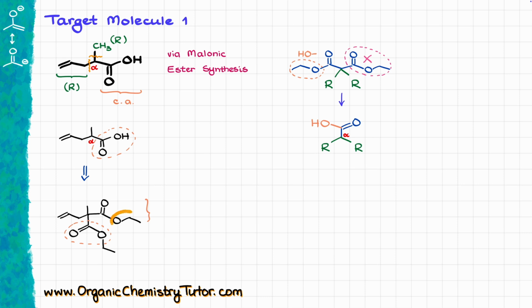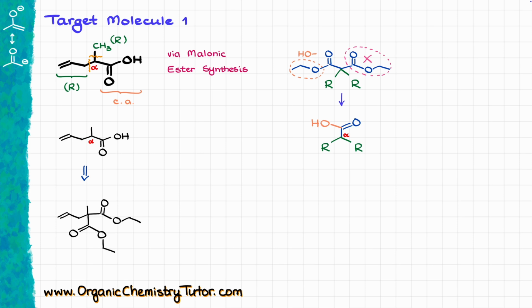Now the ethyl group that I have over here and over here for my ester, those guys are completely irrelevant. I could have used any ester I wanted. It can be an ethyl group, methyl group, propyl group, you name it. Really doesn't matter. I use the ethyl group here just because it's very common, so why not?